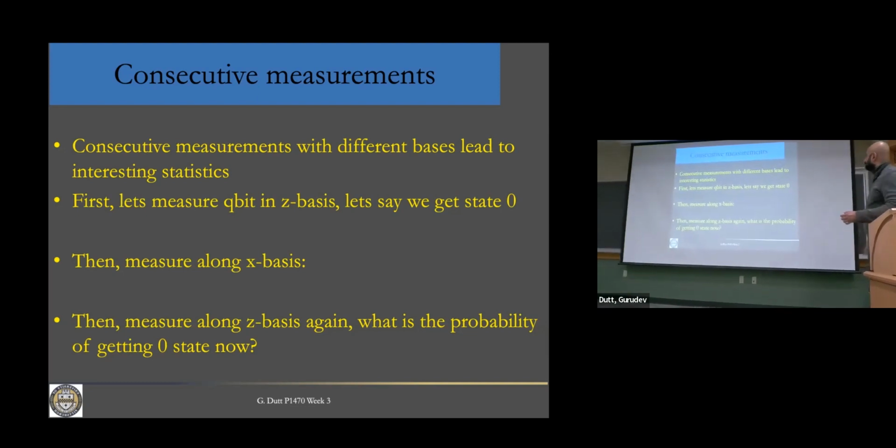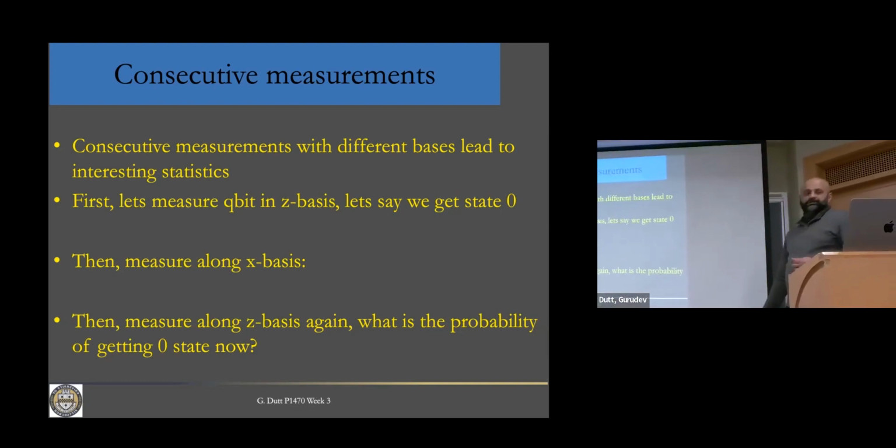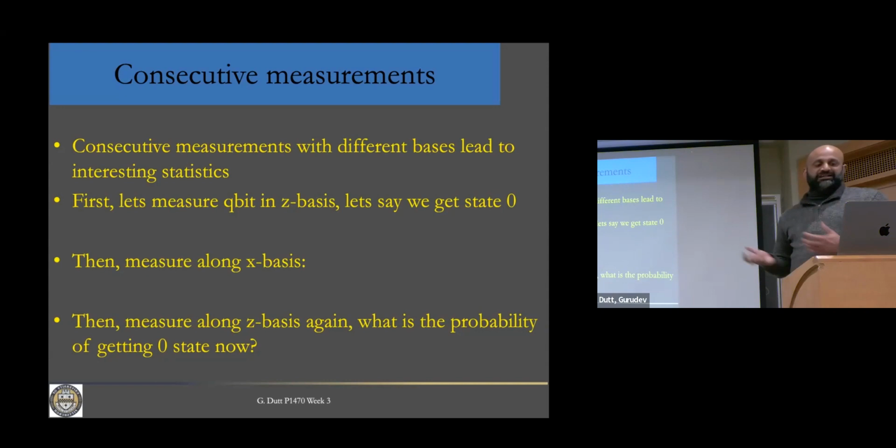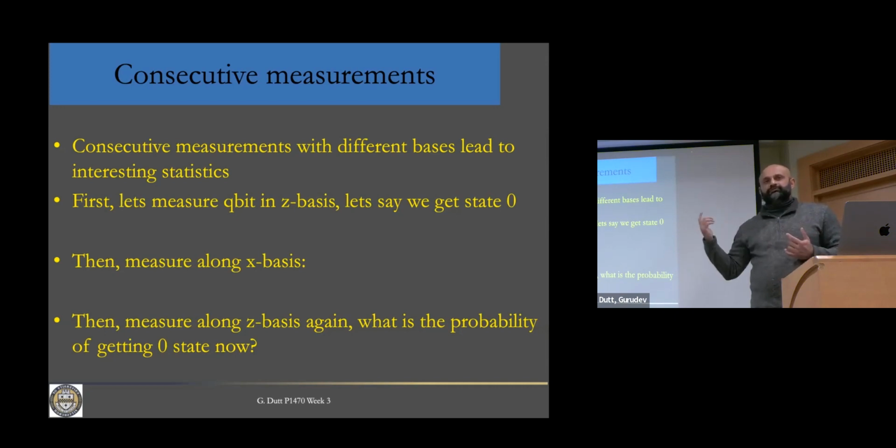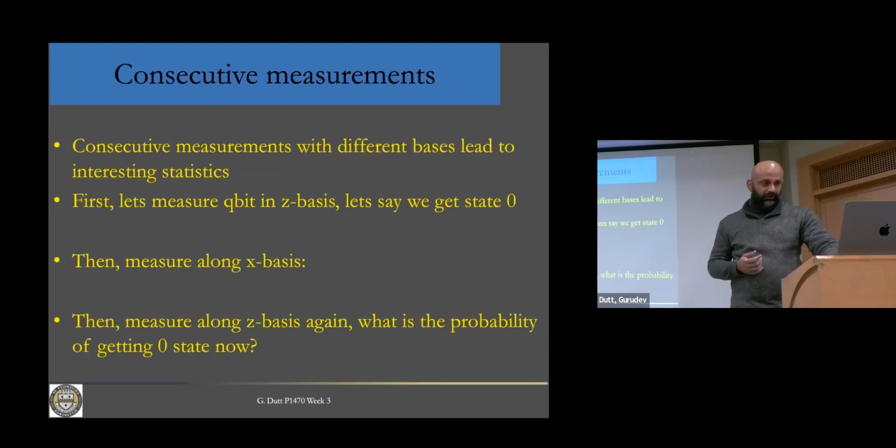The question I want you to ponder is: we just discussed that after we measure the qubit in the z basis, we'll get the state 0, right? And 0, we saw in the calculation, is an equal superposition of plus and minus, so 0 equals 1 over root 2 plus plus 1 over root 2 minus. We saw that a couple slides ago when we wrote down what plus was.